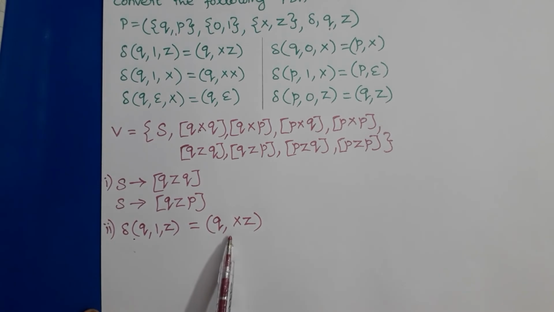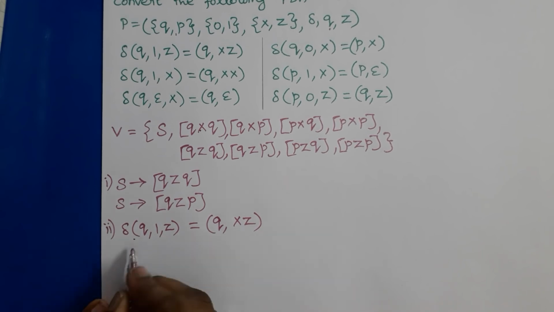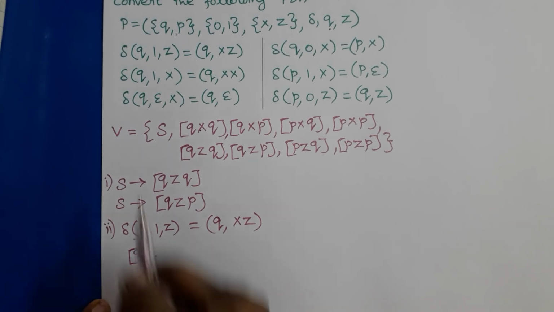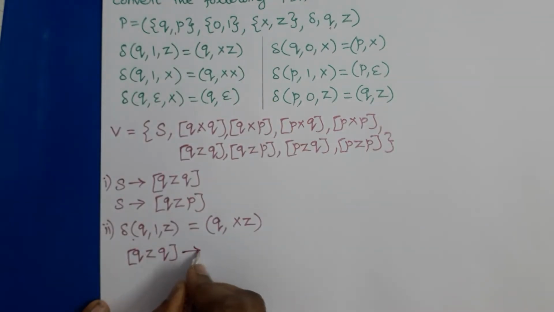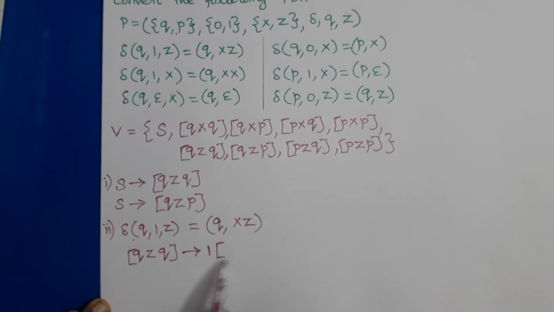So first I have taken the first transition. So here there are 2 stack symbols. So we have to write 2 non-terminals in the right side. So first we have to write this Q, Z, and this symbol must be written for all combinations of the states. So first I am going to write the rule for Q, then I will write the rule for P. Okay, so Q, Z, this Q implies this terminal symbol 1, and how can I write these 2 variables?